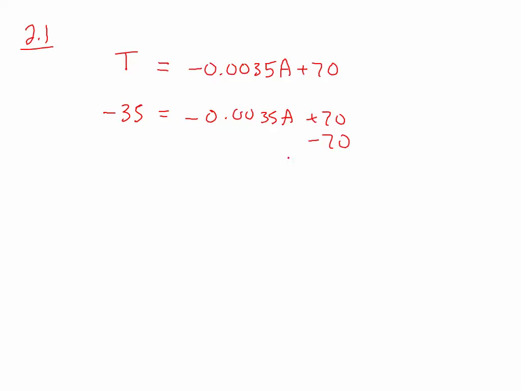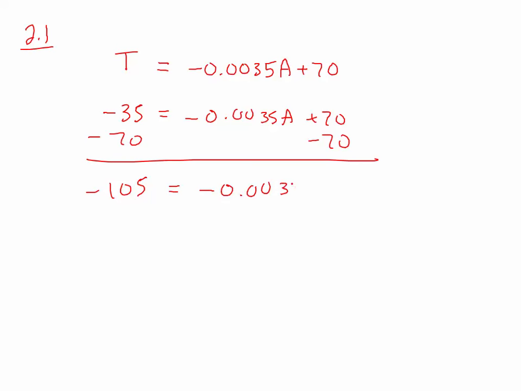All right, subtract 70, and because these both are negative here, technically we're still adding, so how about a negative 105? So to that right there. All right, in this case, if you have a calculator handy, you probably do it with a calculator.